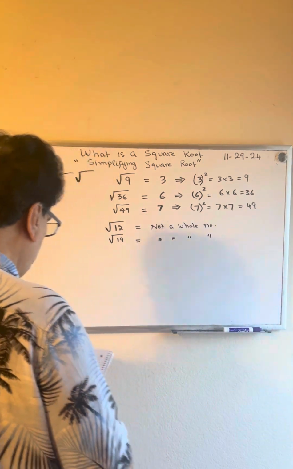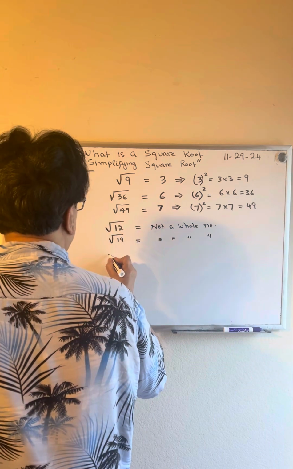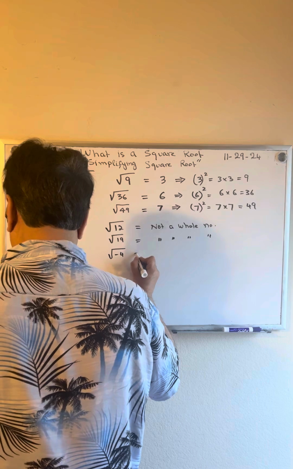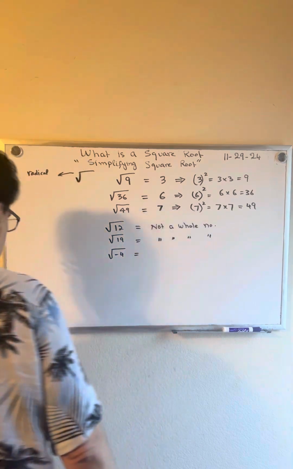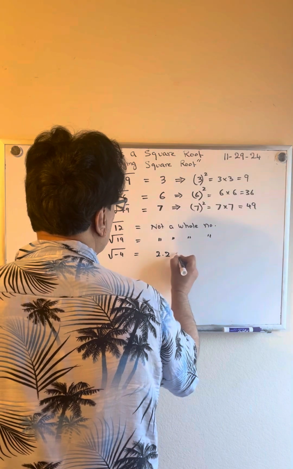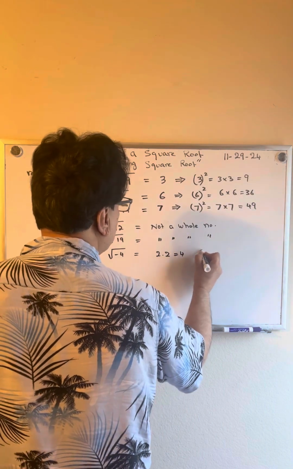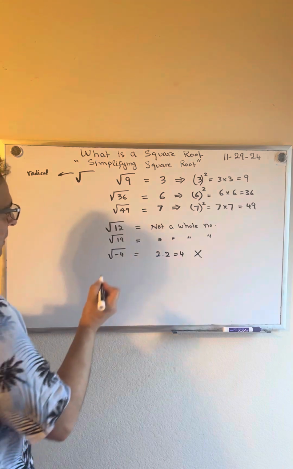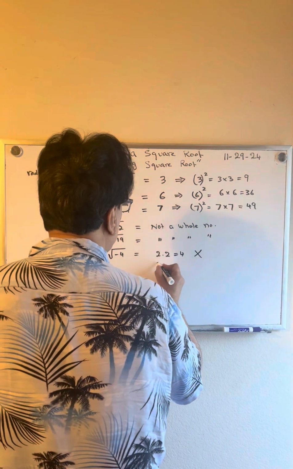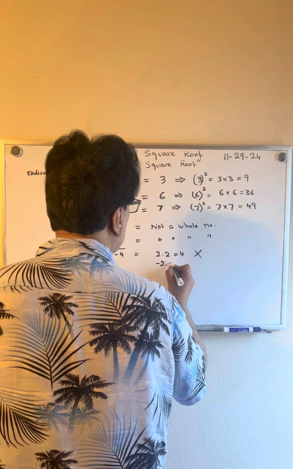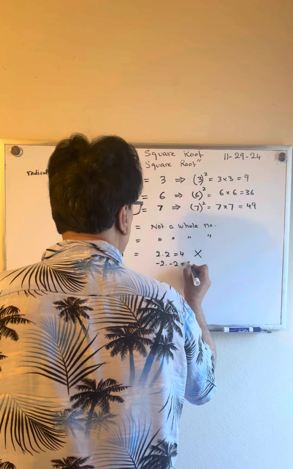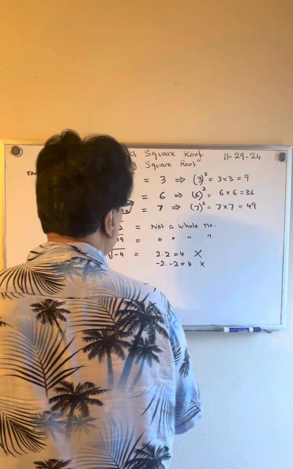What about if I put down on the board the square root of -4? What would be the answer? If you multiply 2 by 2, that is 4, but that is not the answer because you are looking for -4 inside. What if you do -2 times -2? That is also 4, so that is also not the answer.